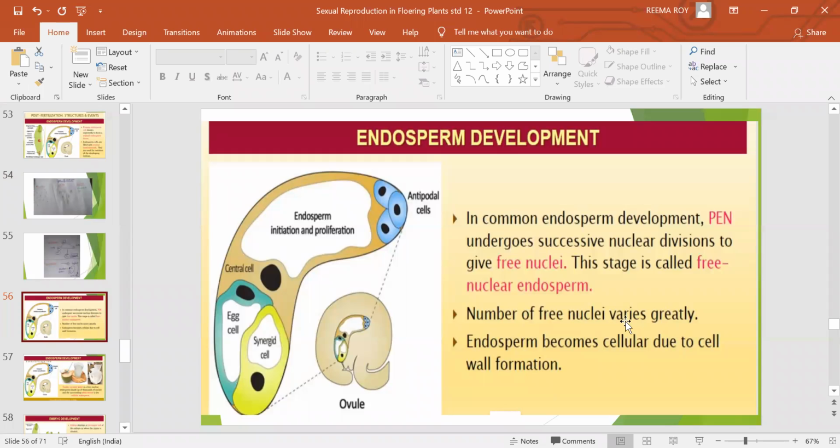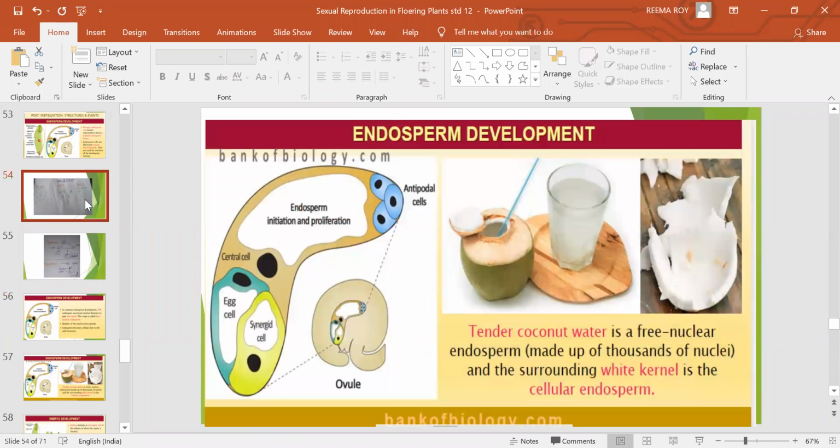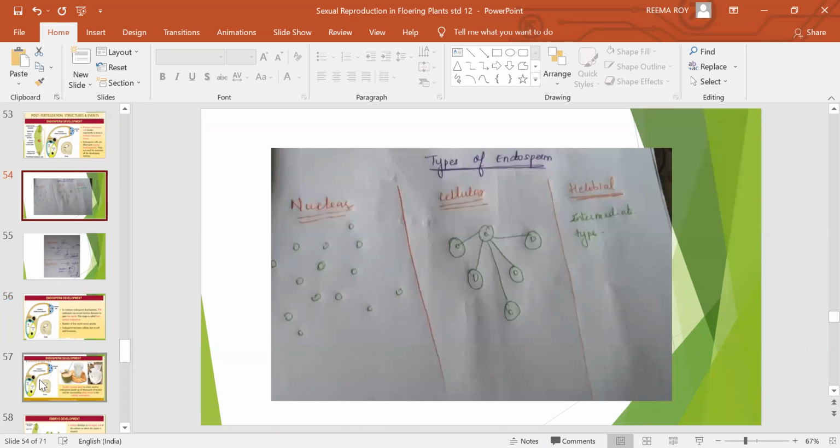Number of free nuclei varies greatly. Endosperm becomes cellular due to cell wall formation. So it is called this. They are talking about cellular formation. And they are not much talking about this, the third type.